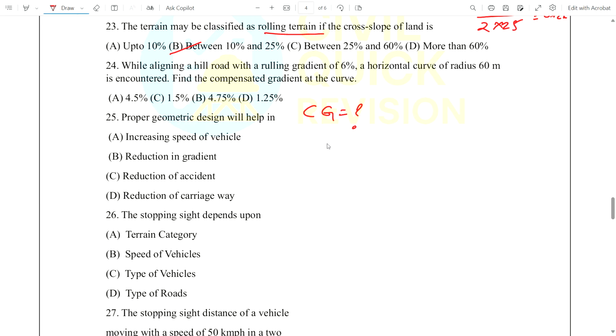Now in the question, what are the given values? The radius of the horizontal curve is given, that is R is 60 meter. The rolling gradient is 6%. Now we can calculate the grade compensation.